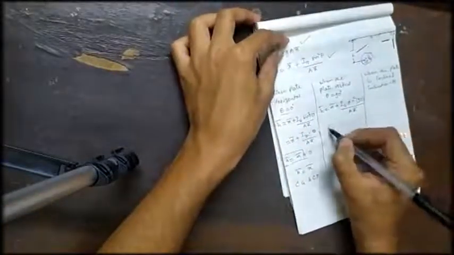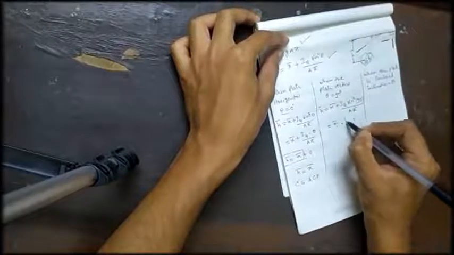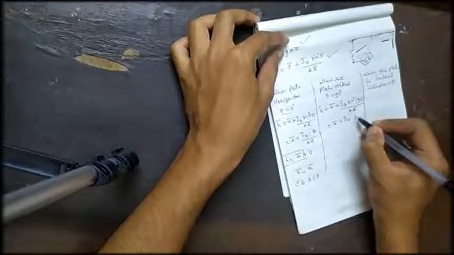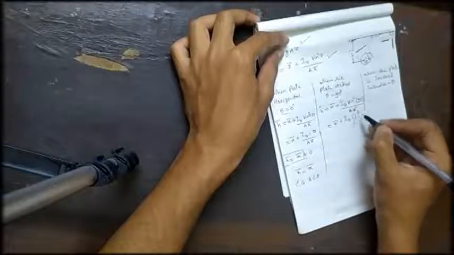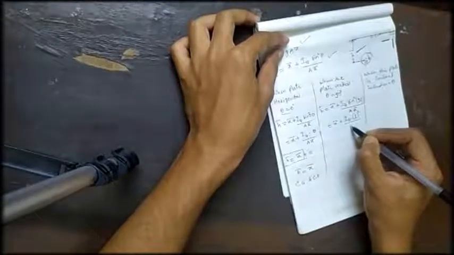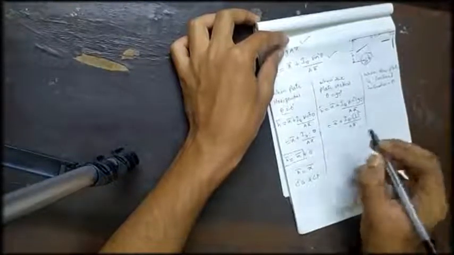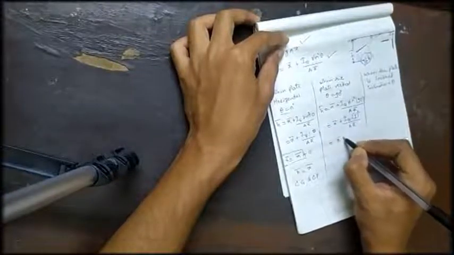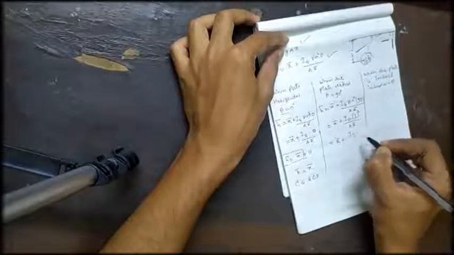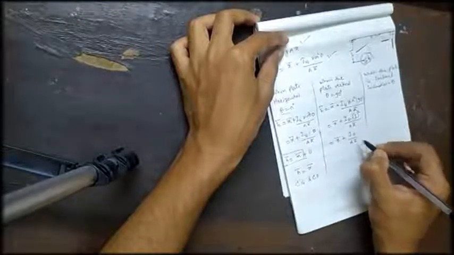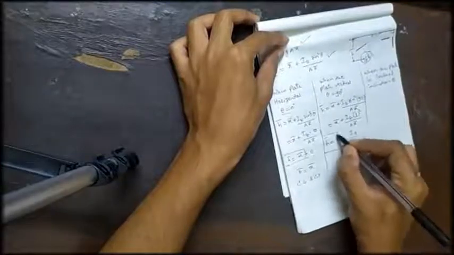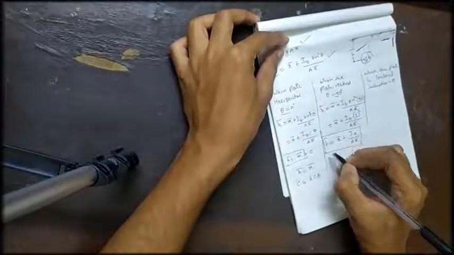Sine of 90 is 1, and its square is again 1, so x bar plus Ig divided by A x bar. So this is the equation for position of center of pressure when the plate is vertical.